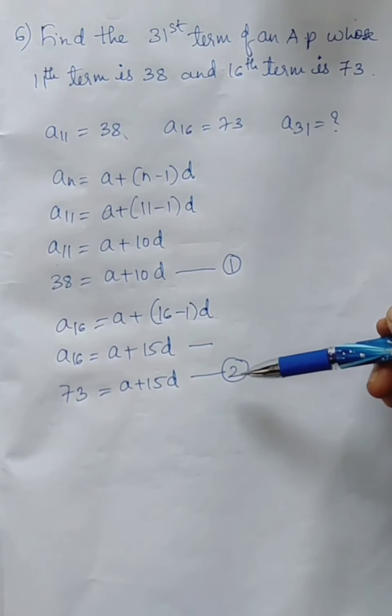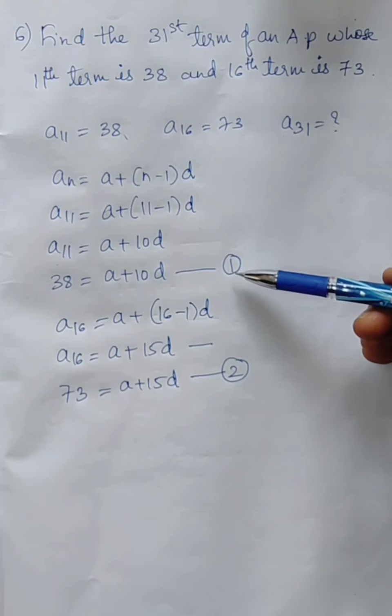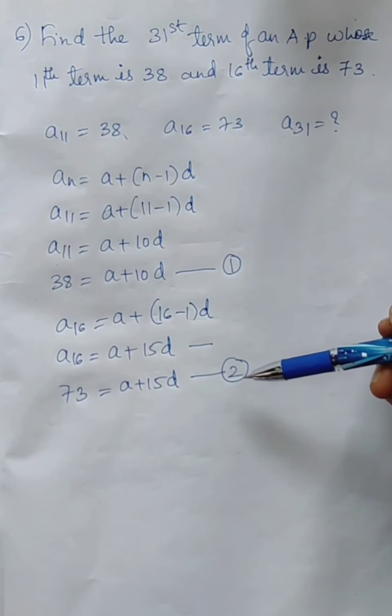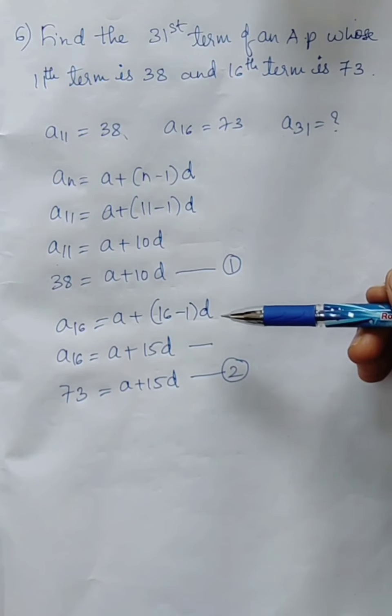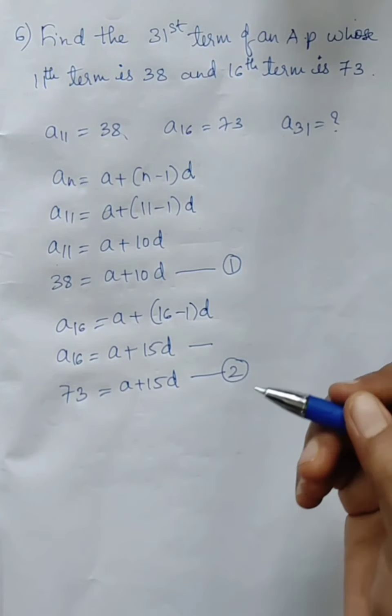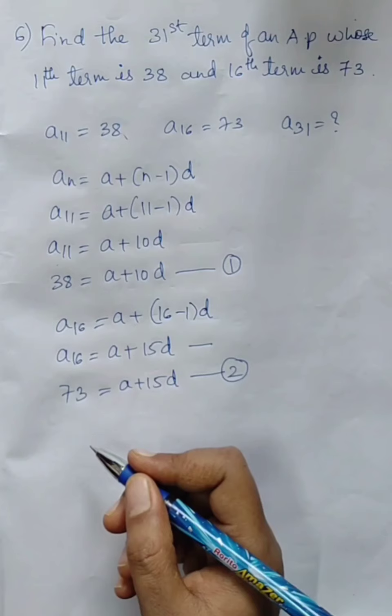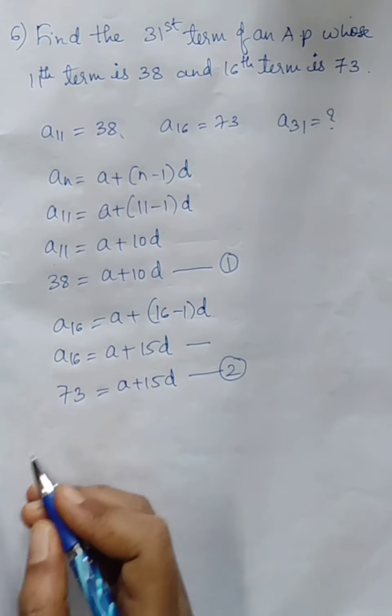These are linear equations and we have to solve these two equations simultaneously. Okay, and you already know how to solve simultaneous equations. So the same method I am going to follow here. So how are we going to solve?